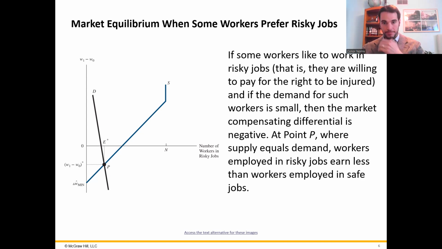So it may seem like risk-loving workers don't exist, especially because we're thinking about physical injuries here, and it may be tougher to imagine them. But we can think of another type of risk that makes it a little bit more obvious: entrepreneurs. Some people want the safety and the consistency of working for a large company that they know won't suddenly go out of business and has stable hours, a stable paycheck, all of that.